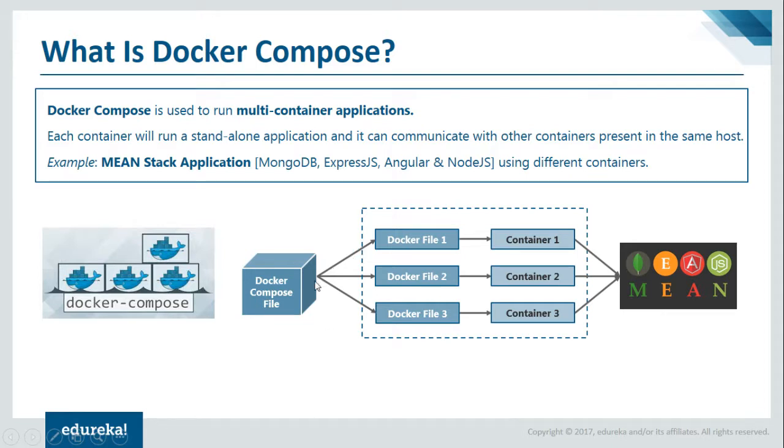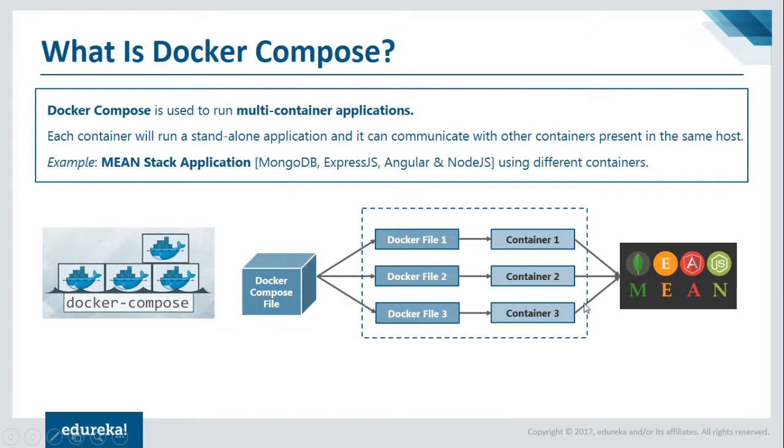It would look for the location of Dockerfile number 1, and based on the rules there, it would create a container. Similarly, based on what's written in Dockerfile 2, it would create a different container. That's two different containers which are active. And then there's Dockerfile number 3, whose rules mentioned in the Docker Compose file would be used, and then you will have a running version of that.